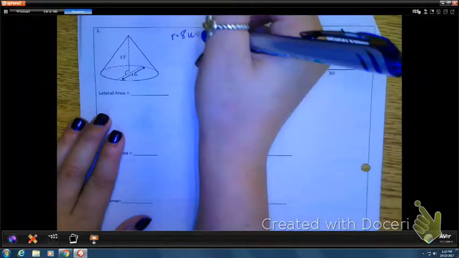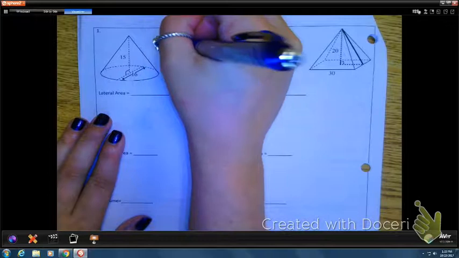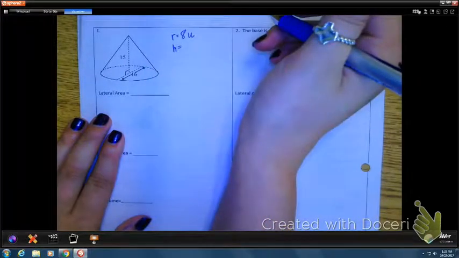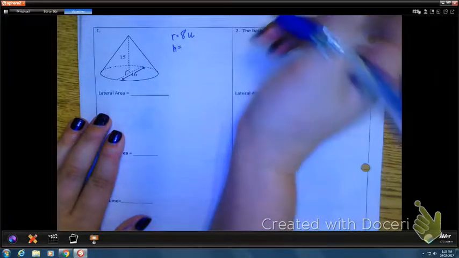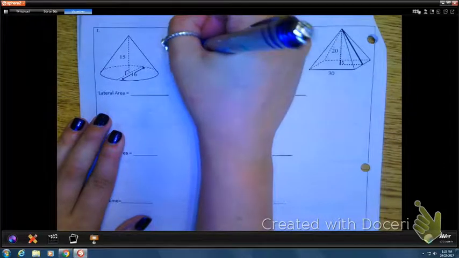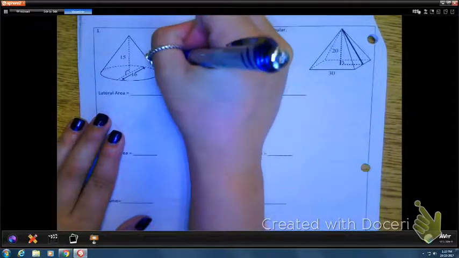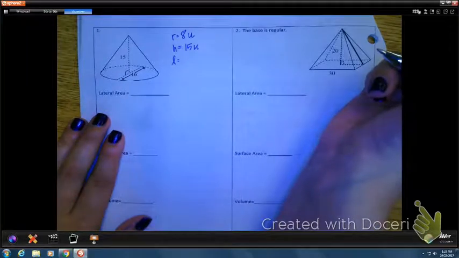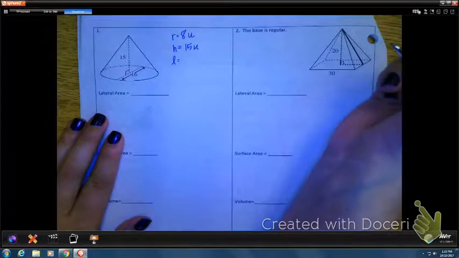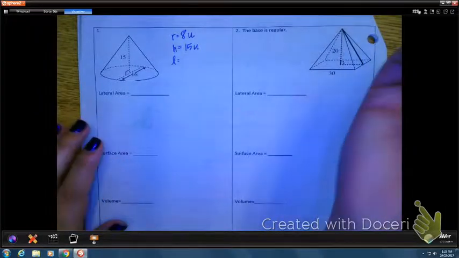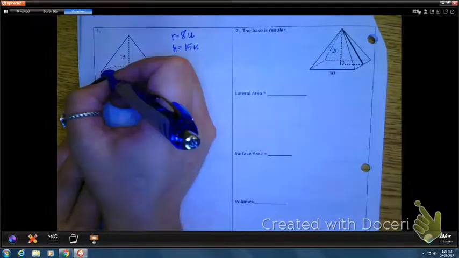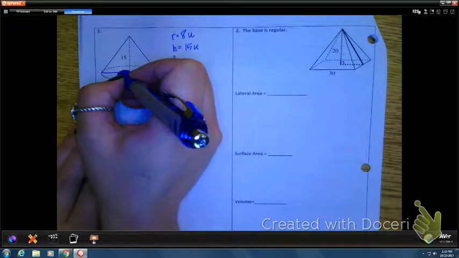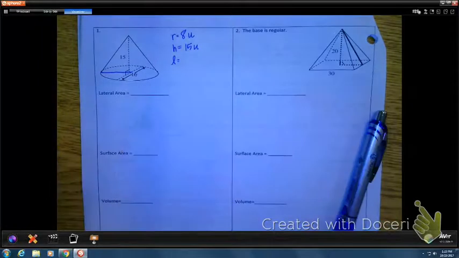Our height is what? Hopefully you said 15. What is our slant height? Hopefully you said we don't know, because we do not know our slant height. So we are going to find it using the Pythagorean theorem. Remember, your slant height is on the edge of your cone.